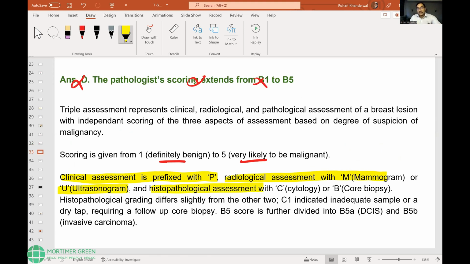Histopathological assessment, C is for cytology and B is for biopsy, right? C1 indicates inadequate sample or a dry tap and requires a follow-up core needle biopsy. B5 is further divided into DCIS or invasive cancer, right? So this you should know. These are terms which are frequently used in the breast units there, and you should know about them.